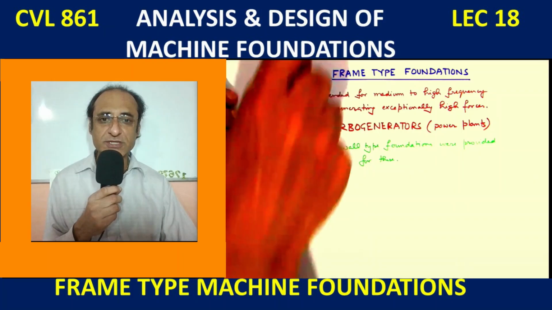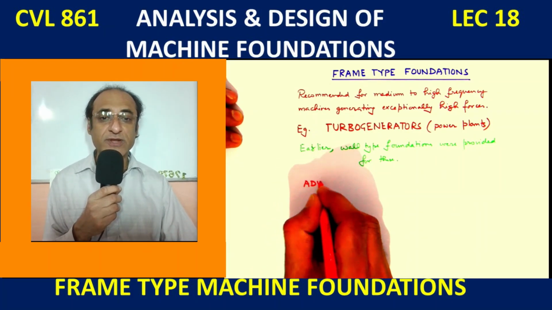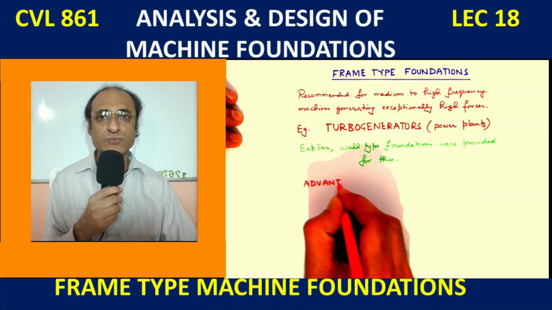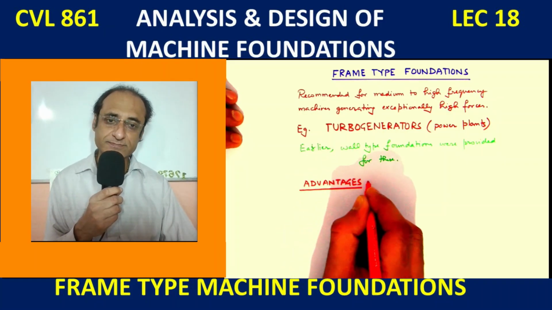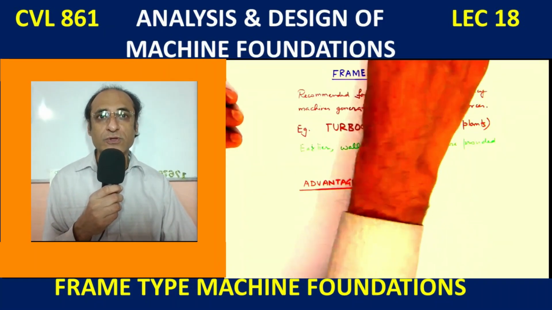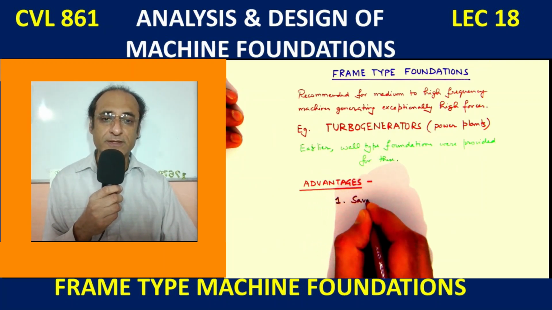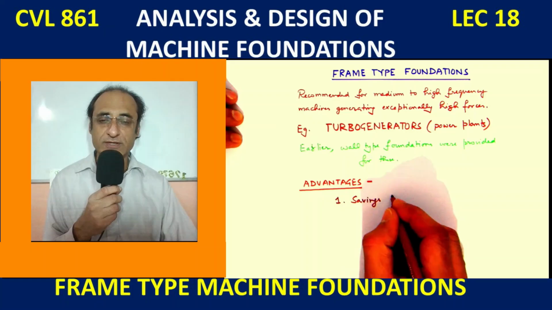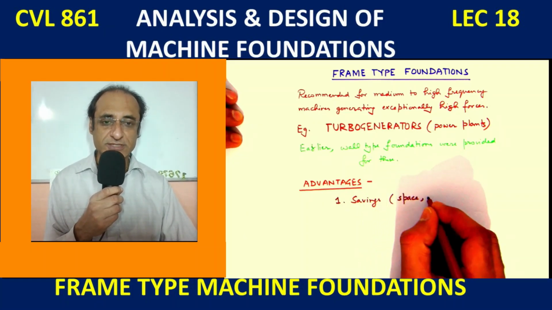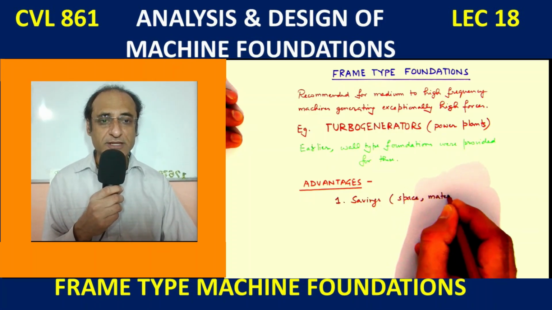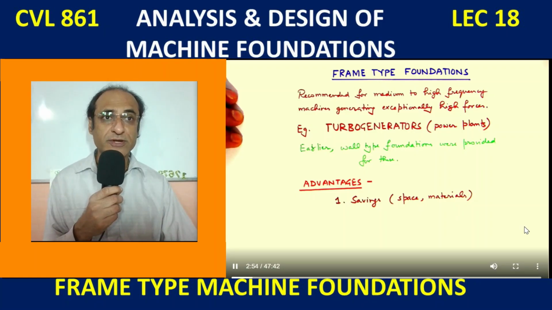These machines are extremely powerful and they exert very high forces. So if we were to provide block type foundations, it would be highly uneconomical. The first advantage of frame type foundations is that they provide savings in terms of space and savings in terms of materials, because otherwise the volume of the concrete would be huge.